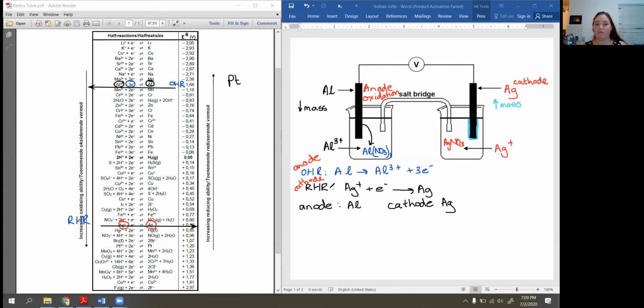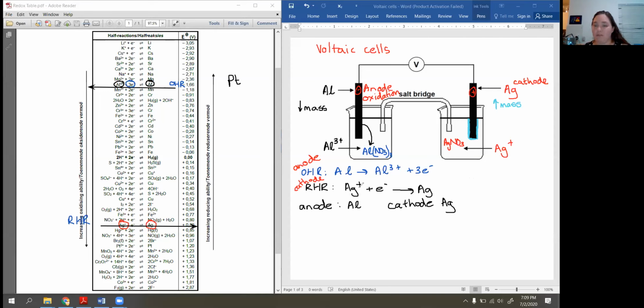All right, so we've identified our oxidation half reaction, our reduction half reaction, our anode, our cathode. The next thing is which electrode has which charge. Now, you are more than welcome to learn the rule that in our voltaic cells, the anode is always negative and the cathode is always positive. Please remember when you do electrolytic, they swap around and they'll get the opposite polarity.